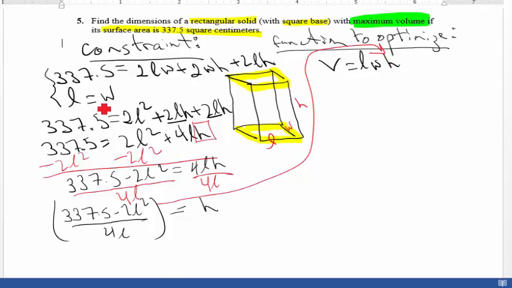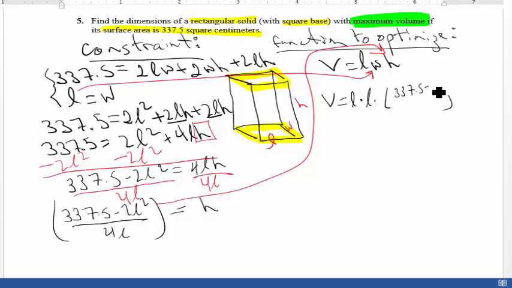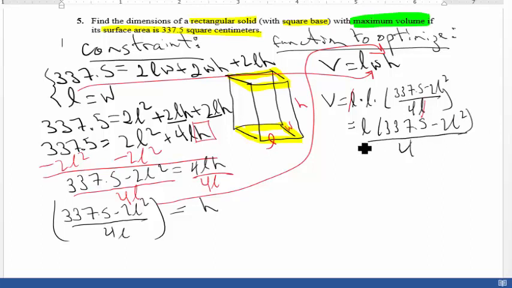And because we also know that w equals L, we're going to take the L and plug it in there for w, and then all 3 of those dimensions are now going to be in terms of L. So now I can rewrite my volume formula as V equals L times L times that expression that we had there, and what happens in this function we have here is these L's will cancel, so I can just write this as L times 337.5 minus 2L squared all over 4.